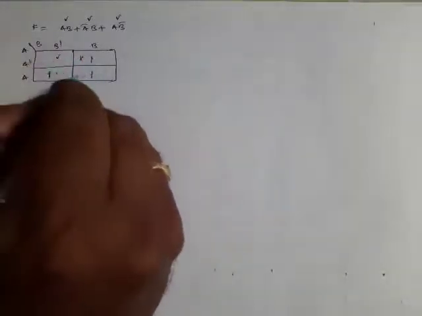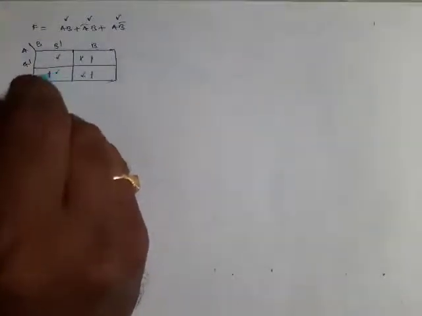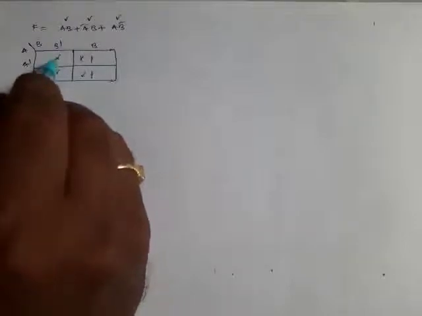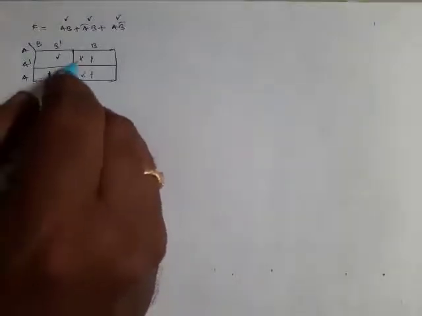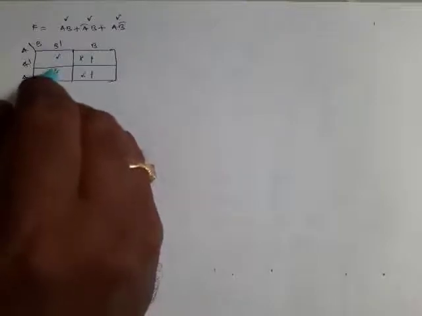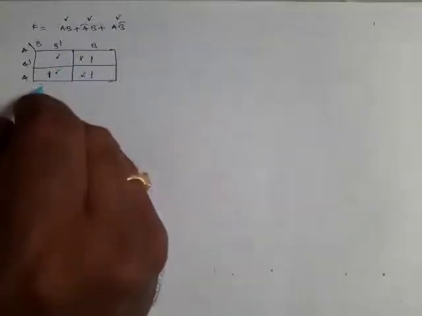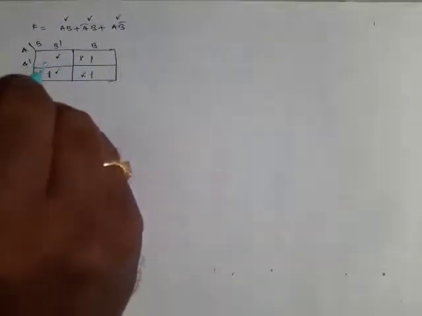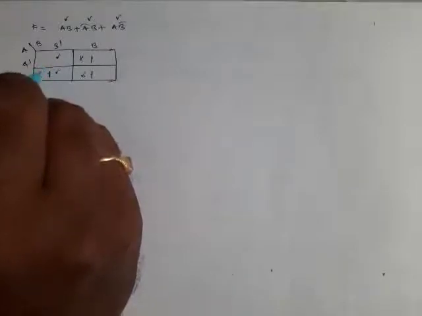So how are we saying that this cell is adjacent and this cell is also adjacent, but not this? Because when you are moving from this cell to that cell, you can see that there is a change in only one variable.